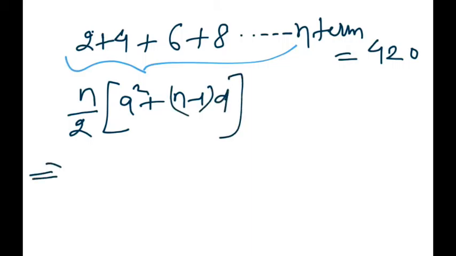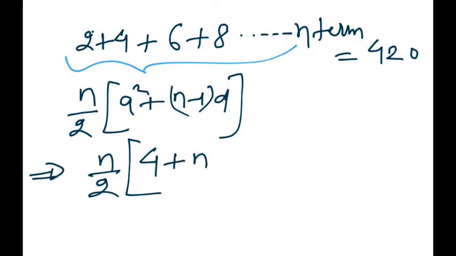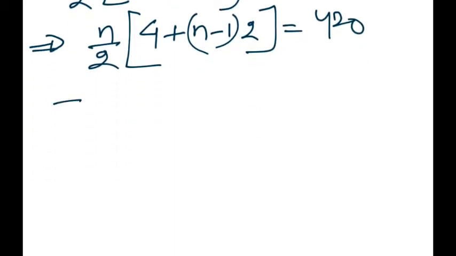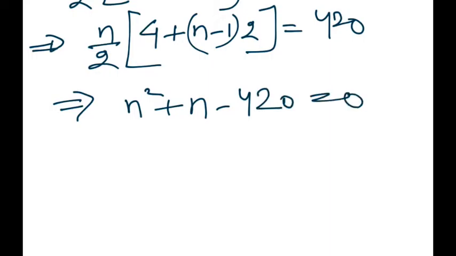Right, so using this formula, this becomes n by 2 [4 plus (n minus 1) 2] equals 420. Now solving this, we'll get a quadratic equation.